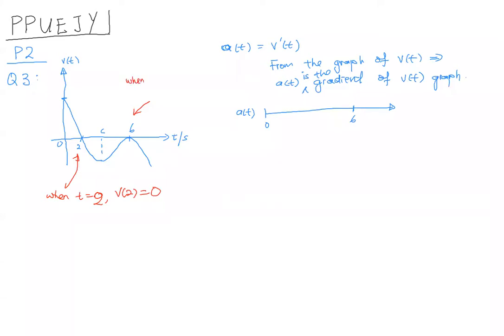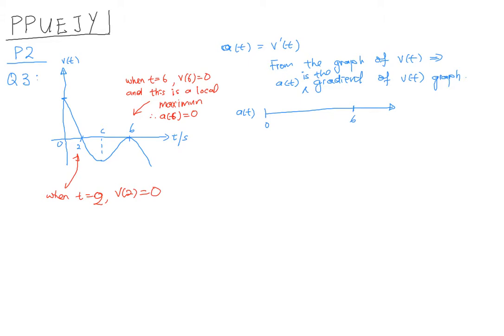When T equal to 6, V6 is also equal to 0, and this is a maximum point. It's a local maximum. So therefore, A6 also equal to 0. That is the reason, not because it is on the t-axis. So are you clear, class?